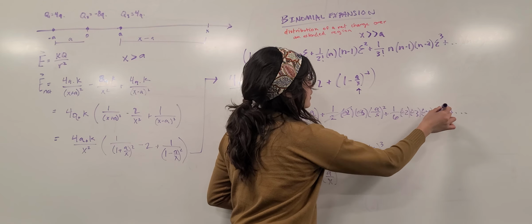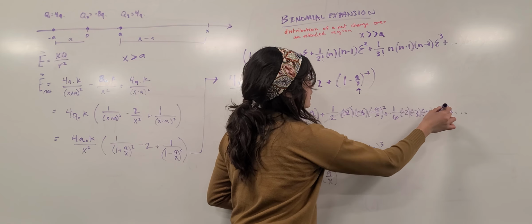So these, it's like negative to the 6th. Negative, negative, negative gives me negative 1. Negative, negative, negative. Here, also negative 1, but these two make a positive, which is kind of like negative 1 to the 6th, which is also positive. 2 times 3 is going to cancel out that division by 6. So plus 4 times a over x cubed plus dot dot dot.